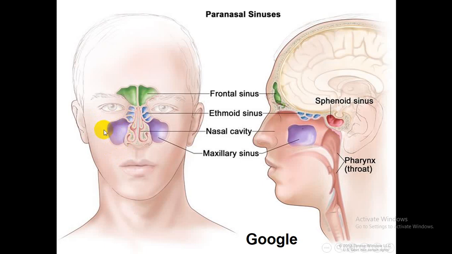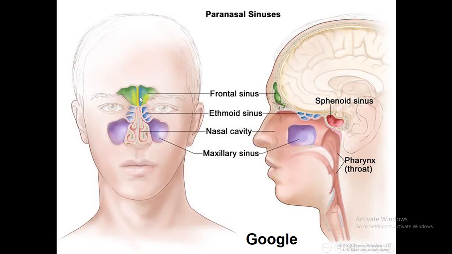The opening, as we know, is in the middle meatus of the nose through the hiatus semilunaris. The mucous membrane of the sinus is supplied by what? The nerves closest to the maxillary sinus are the superior alveolar nerve and of course the infraorbital nerve.